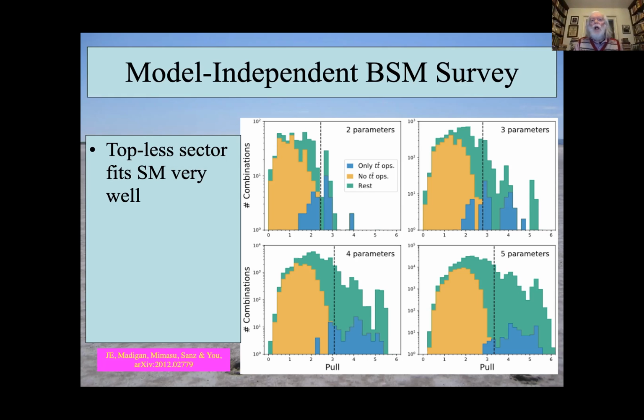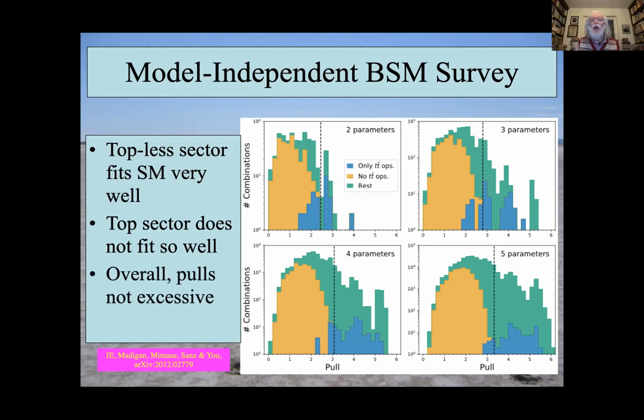If you look at operators that don't involve the top, they fit the standard model very well. Top sector, not so well. And we scratched our heads a little bit as to whether the discrepancy there could be considered significant. I think not.